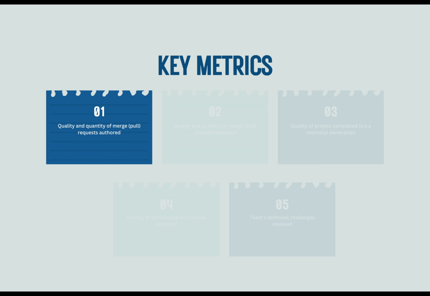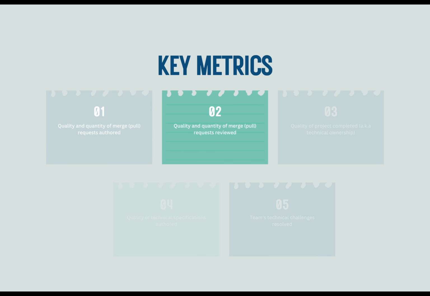We are looking at the quality of the code changes. Is the code change doing what it is expected to do? Is the code change being authored up to the standard that is expected? So that's one metric that we can look at when evaluating the technical contributions of a software engineer.